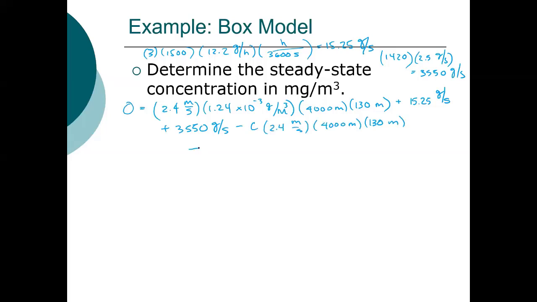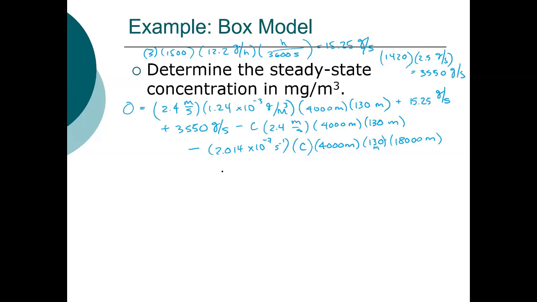And then we have the reaction term, and the reaction rate was given in inverse hours. We need to convert that to inverse seconds. And that is 2.14 times 10 to the minus 7 inverse seconds times C, same C that we have in the previous term, times 4,000 meters times 130 meters times 18,000 meters.